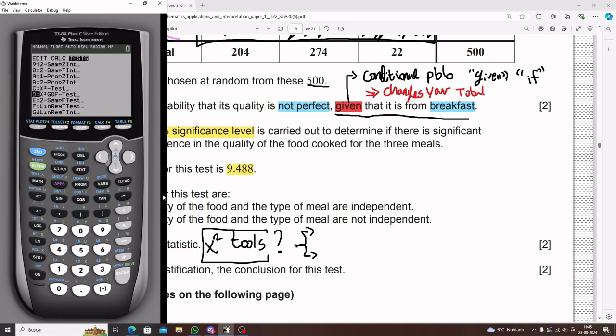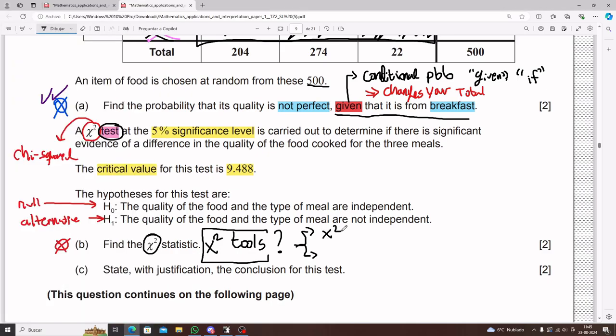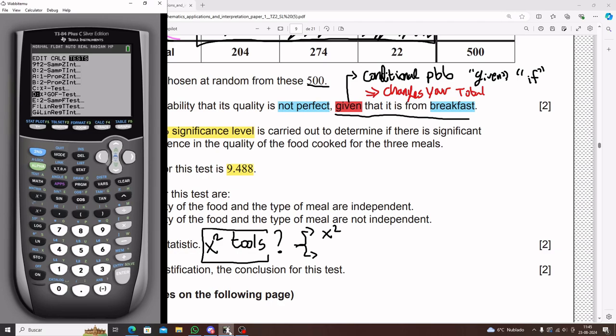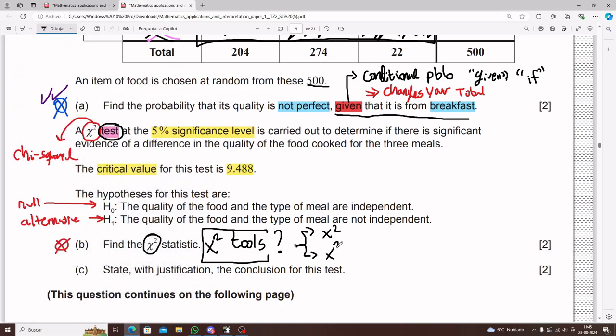So your chi-squared tools, we're going to call it just chi-squared, okay? And you also have chi-squared GOF, okay? I'm pretty sure GOF was for goodness of fit or something like that, but we're going to leave it even more intuitively than that. So you have the chi-squared one, and then you have the chi-squared GOF.